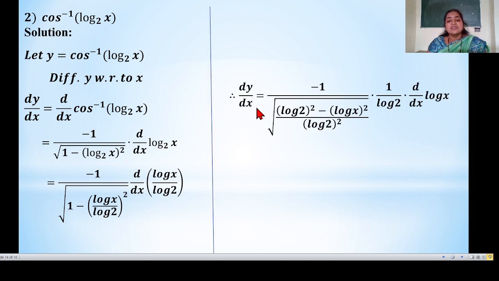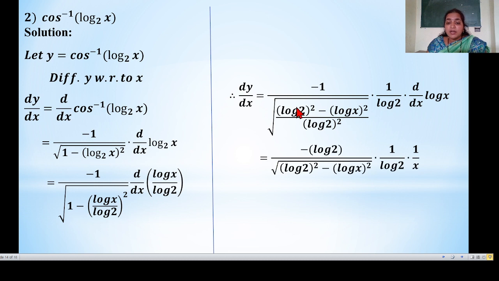So our next step is dy by dx is equal to minus 1 upon square root of ((log 2) square minus (log x) square) divided by (log 2) square, multiplied by 1 upon log 2, multiplied by the derivative of log x. Now this log 2 whole square is in the square root, so the square root and this square cancel out. So we get 1 upon this term divided by log 2; denominator goes to the numerator.